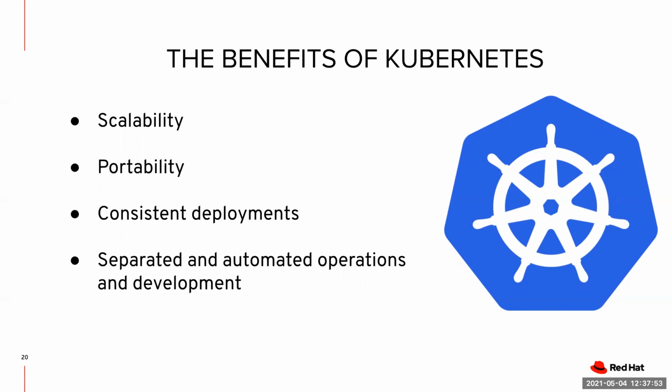And then the separated and automated operations and development. It's really common, at least in my experience, for ops teams and devs to be in contention somewhat, right? Operations, they value stability. They're more conservative about change typically. And developers, they value innovation. They have a high change velocity. And Kubernetes kind of resolves that conflict.